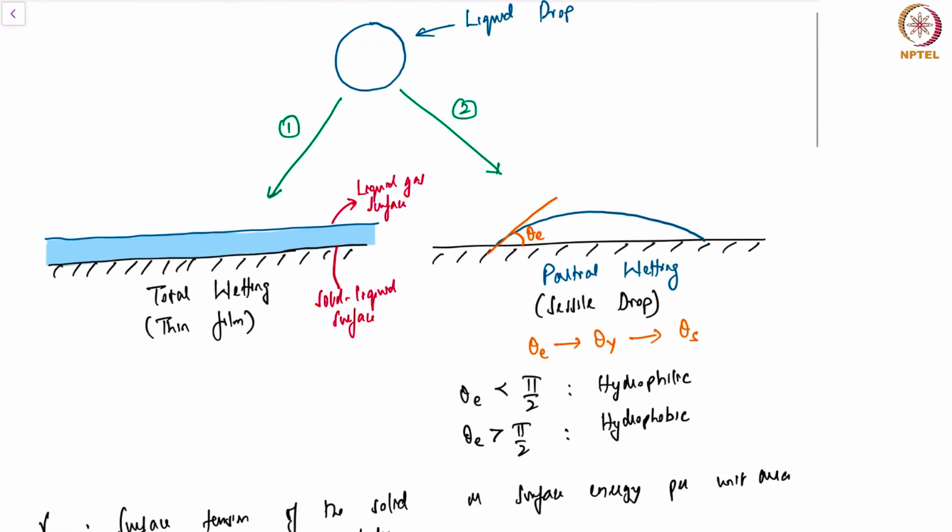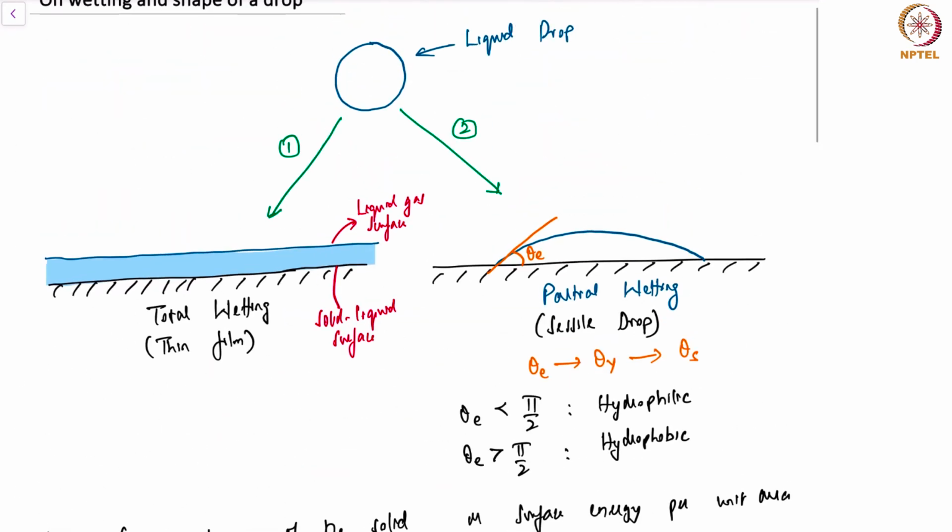So let's again take a look at what I'm saying here. In configuration 1, formation of a liquid film lowers the overall free energy of the system, and therefore the spreading parameter is defined as the difference between the free energy of the dry state minus the free energy of the state of configuration 1, where we have the thin film formed on the solid, and we also take the surface energy of the solid liquid interface.